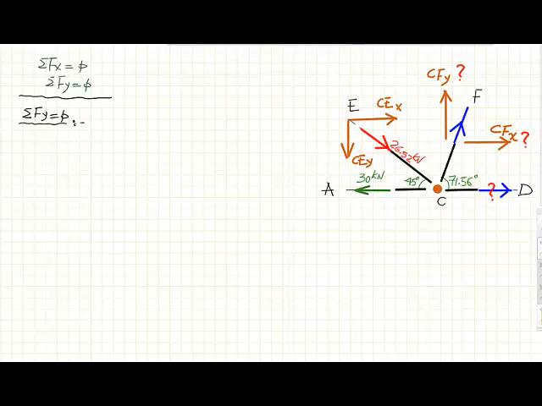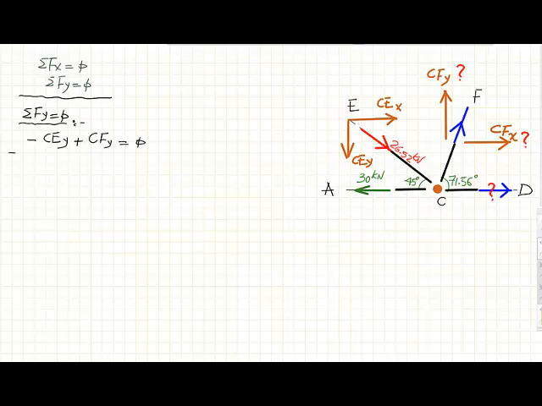The first force is downwards, so it is minus CEY, and this force is upwards, so it is plus CFY, equal to 0.